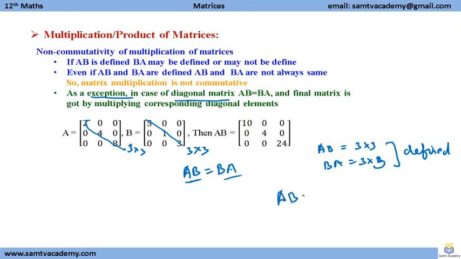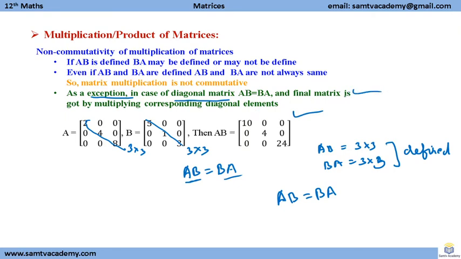AB is equal to BA, because after multiplying, the rule is that we can get the matrix multiplication by multiplying corresponding diagonal elements. So 5 into 2, 4 into 1, 8 into 3. If you do BA or AB, we will get this same matrix. So this is the exceptional case.